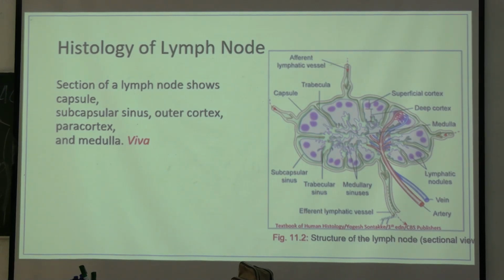They will be on spotting; whatever slide you identify, you have to put in, and also one or two notes in support, if you get the time, and you will get the time. So you just write: section of the lymph node shows capsule, subcapsular sinus, outer cortex, paracortex, medulla.